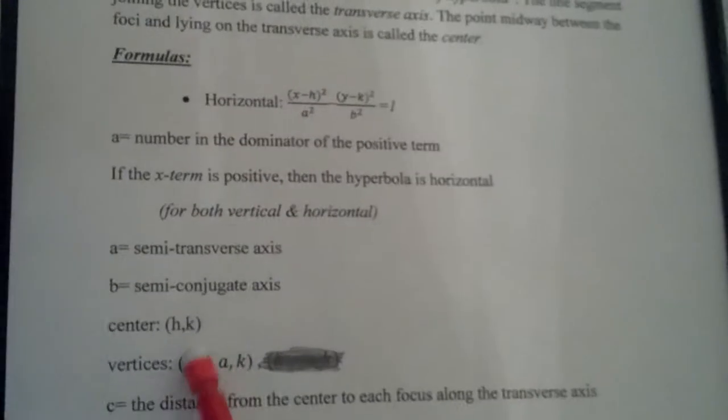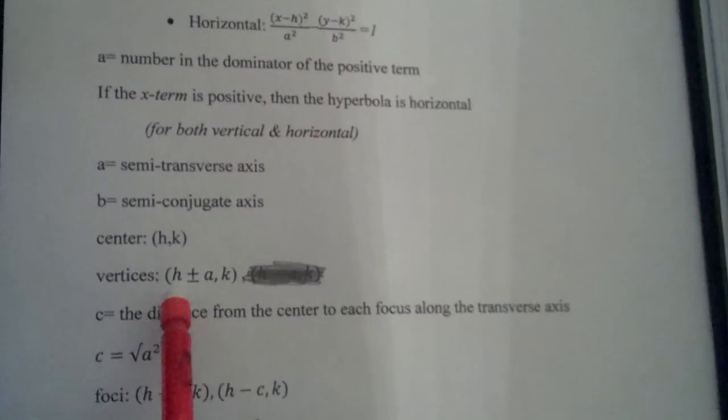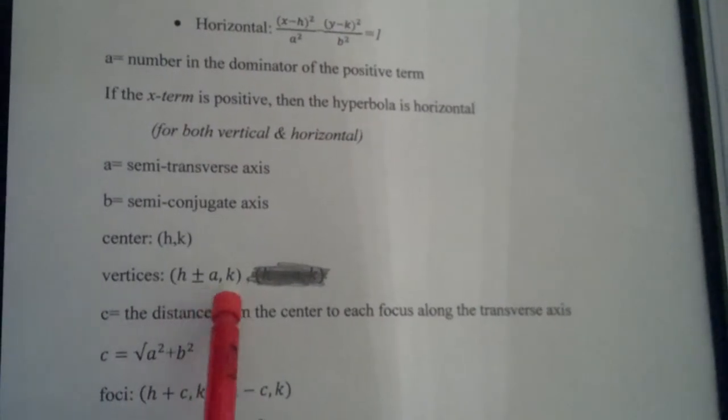As you see, the center is (h, k) and the vertices are h plus or minus a, k. To define the foci, which is represented by c, a squared plus b squared equals c squared. If the transverse axis is horizontal, the foci are h plus or minus c, k.